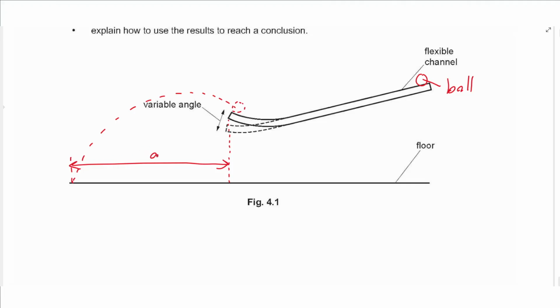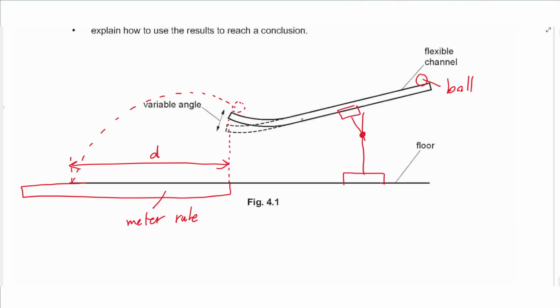We can call it D or X or R for range, anything you like. And we can just place a rectangle here and label it meter rule or measuring tape. And we can say that we are holding the channel using a clamp and a stand, or maybe 2 clamps and 2 stands for balance, and label them.